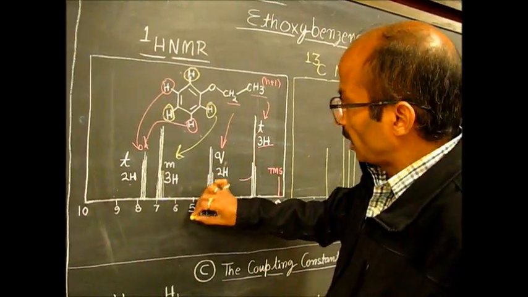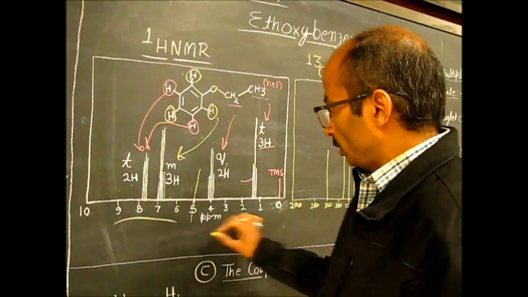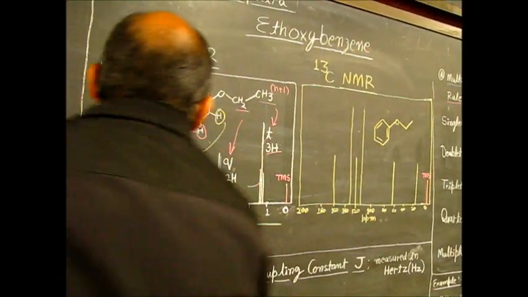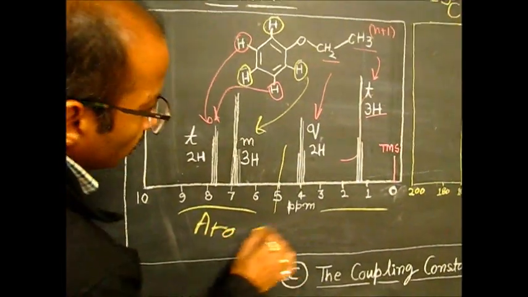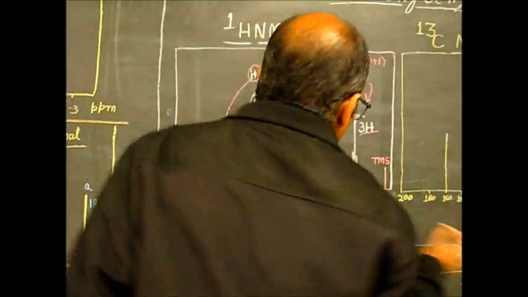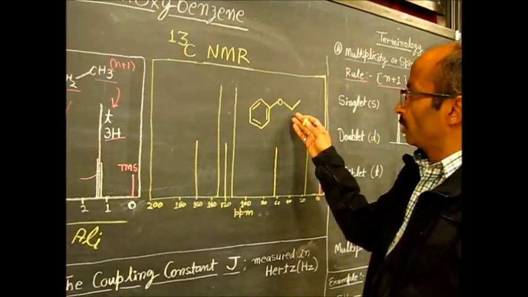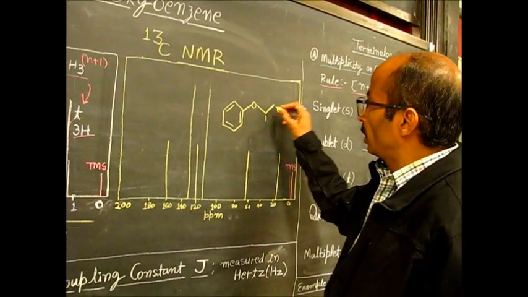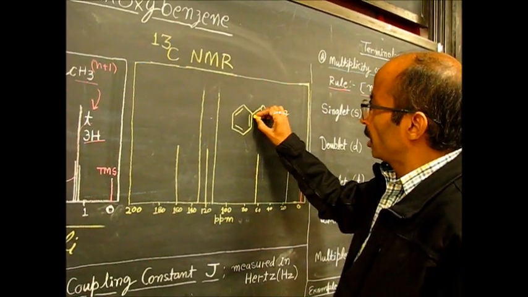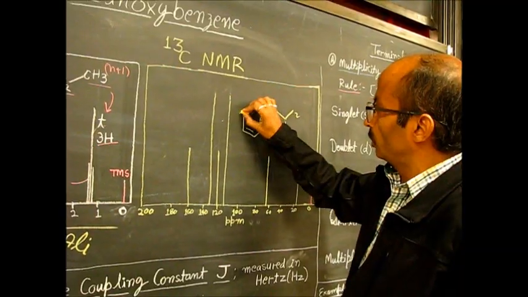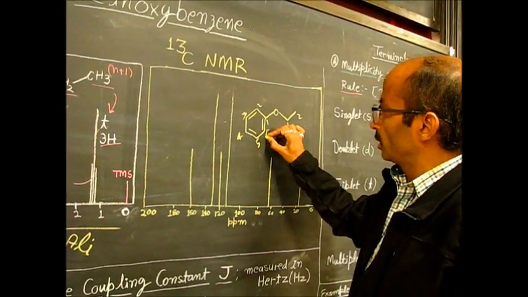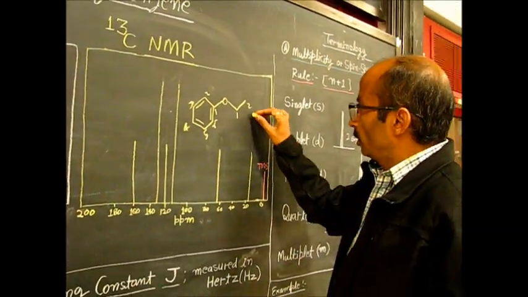So here is a good example: this is the aromatic region and this is the aliphatic region. Once we look at the carbon NMR of ethoxybenzene, we have 1 carbon, 2 carbons, and 6 carbon signals here.